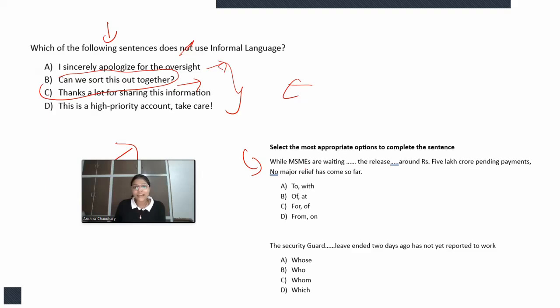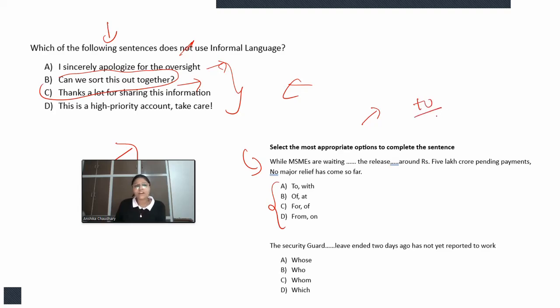Okay. "While MSMEs are waiting the release of around rupees 5 lakh crore pending payments, no major relief has come so far." So based on these options, we need to fill the blank. Whenever you have a verb with ing, it would always come with "for," right? Never with "to."